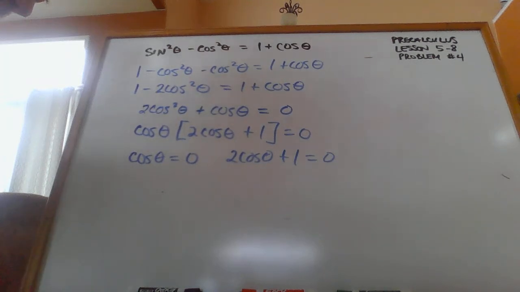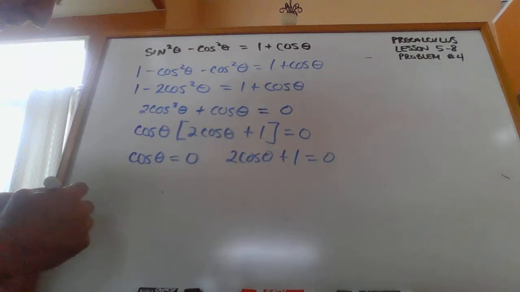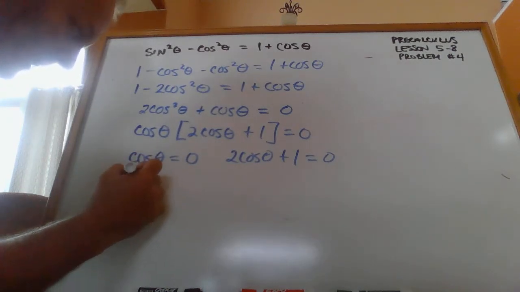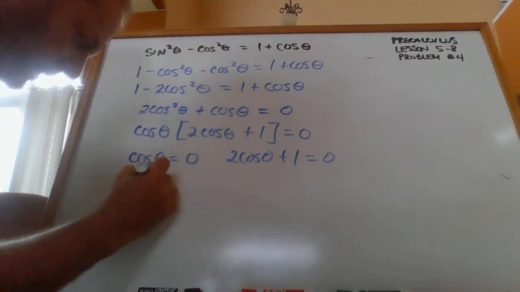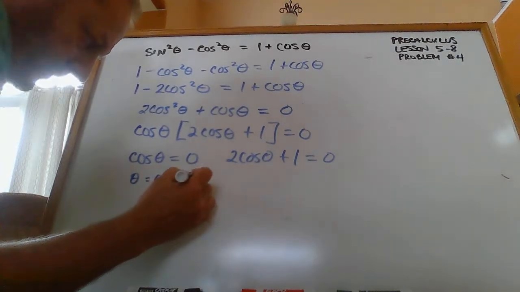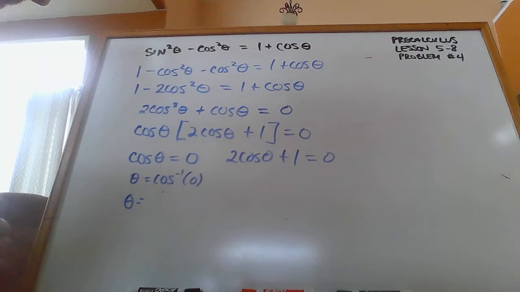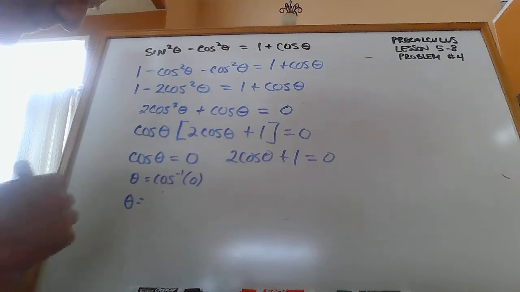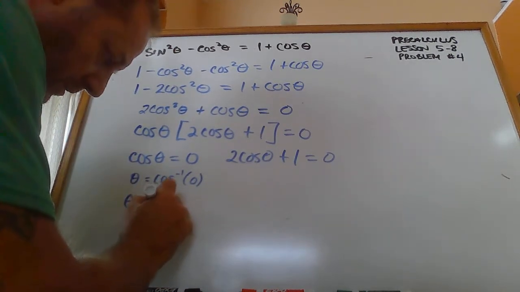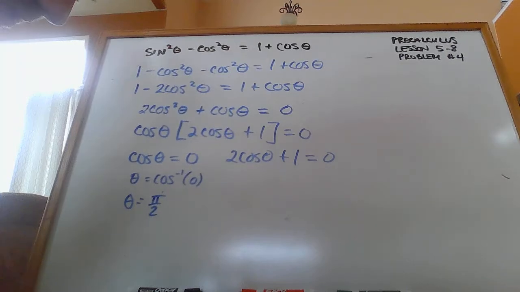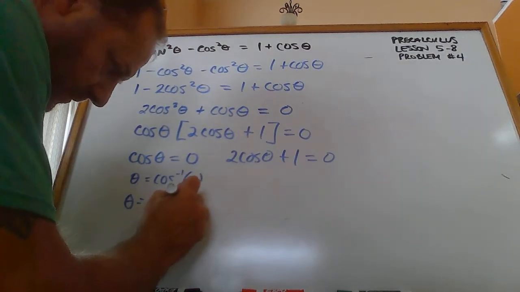Okay, so cosine of theta is equal to 0. It means that if I arc cosine this, let's see, I'm going to get pi over 2, and I'm going to get 3 pi over 2.